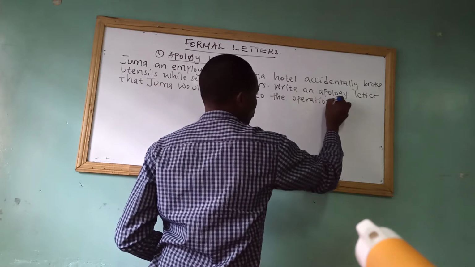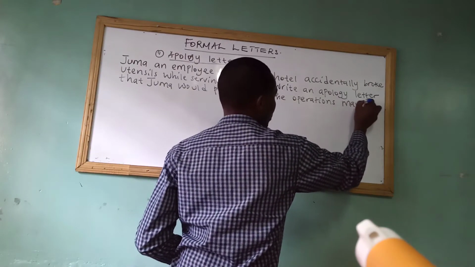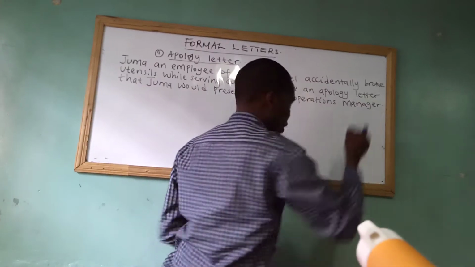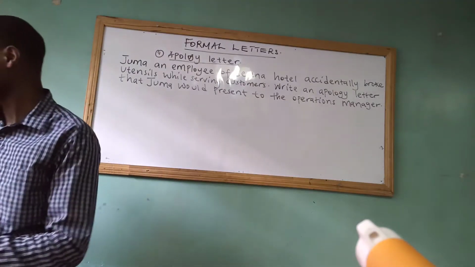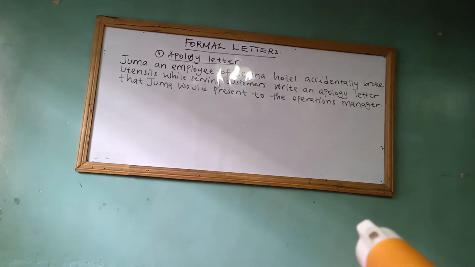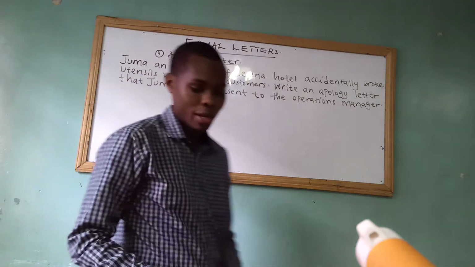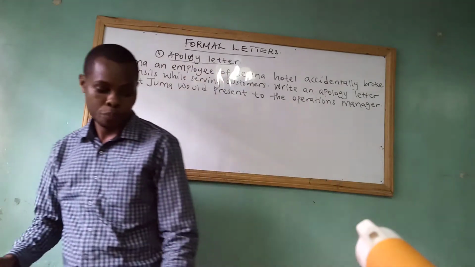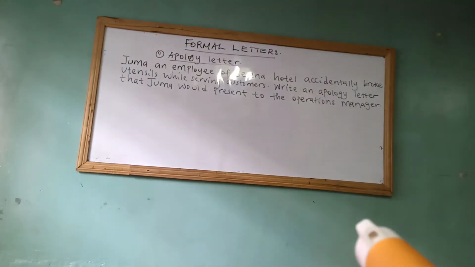In other words, we want to see that Juma writes a letter to apologize for the mistake that has been committed. So let me assume that you are Juma, the one who is writing that letter.